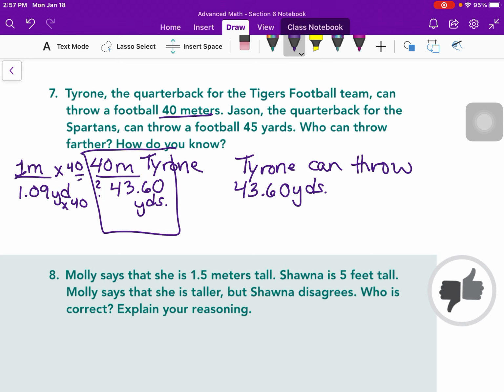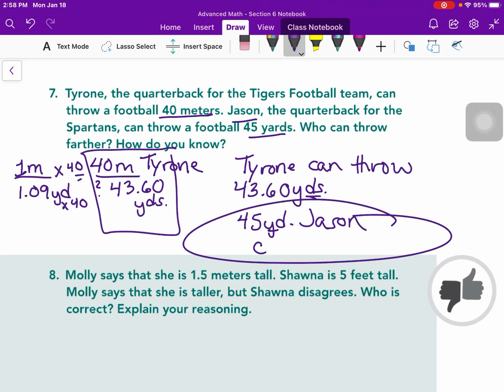Jason can throw 45 yards. Who throws further? Now I can tell because they're in the same unit. Jason can throw further. You could have changed yours both to meters, and that would have worked as well.